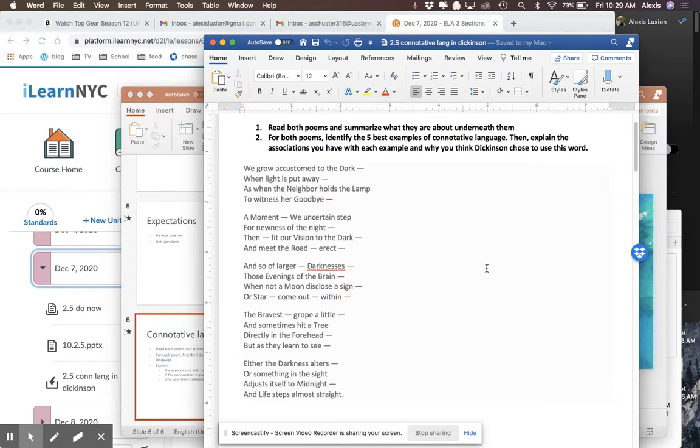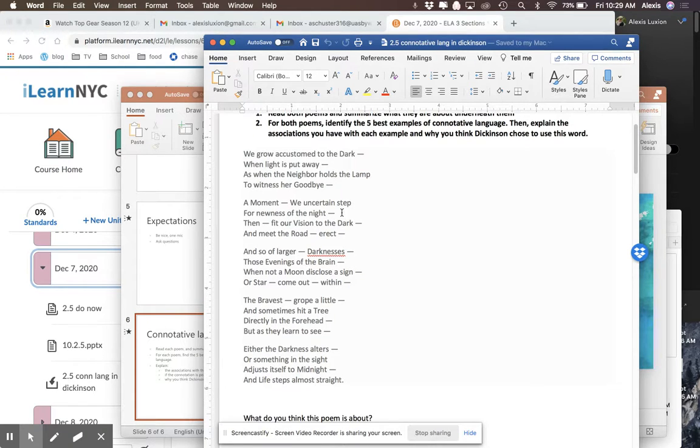All right, poem number one, We Grow Accustomed to the Dark. We grow accustomed to the dark when the light is put away, as when the neighbor holds the lamp to witness her goodbye. A moment we uncertain step for the newness of the night, and then fit our vision to the dark and meet the road erect.